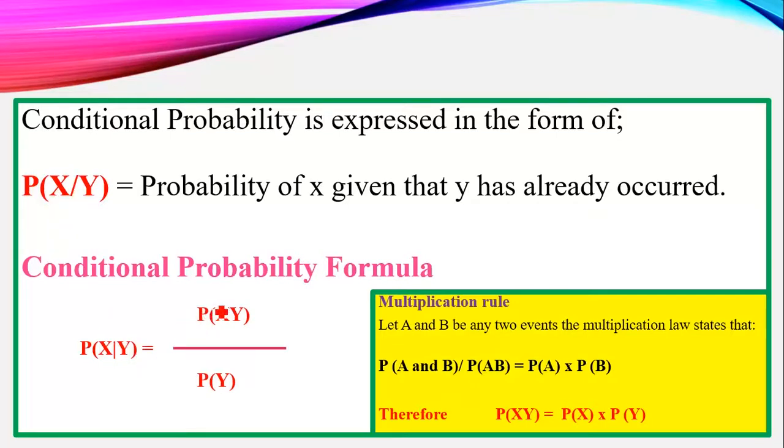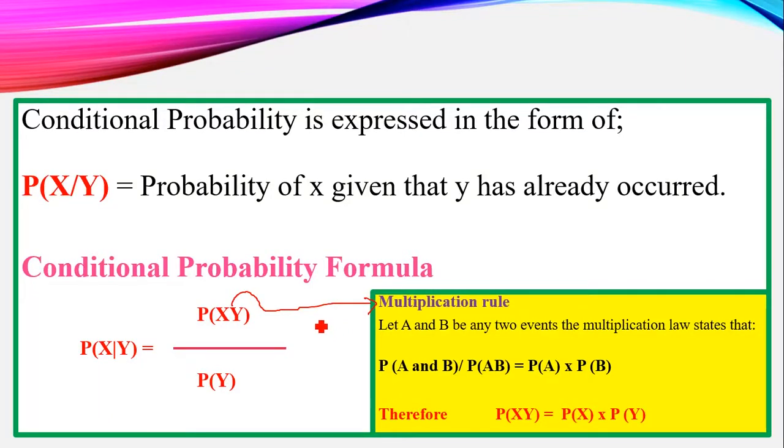And to calculate that, to get the probability of X and Y, we have to apply the rule of multiplication, or what we call the multiplication rule in probability.